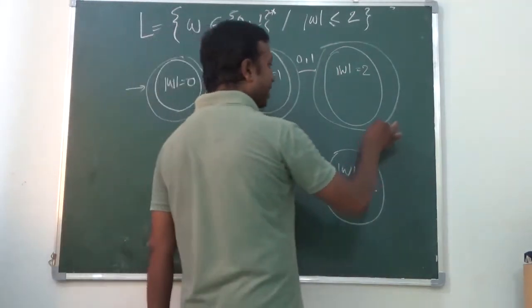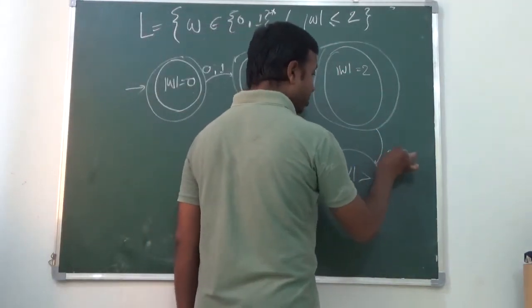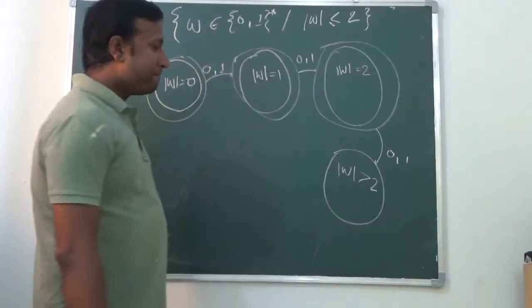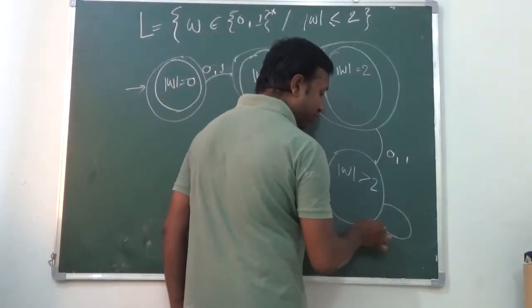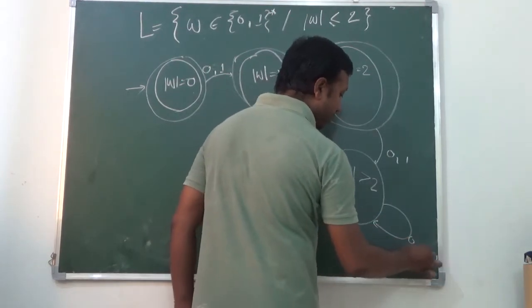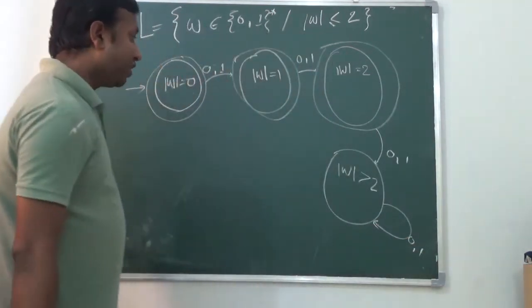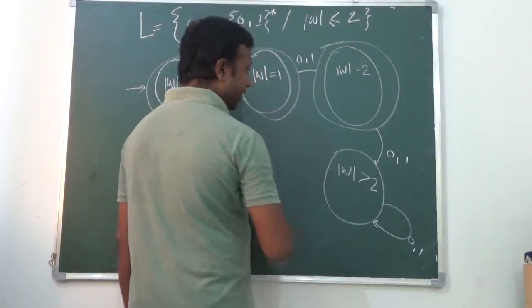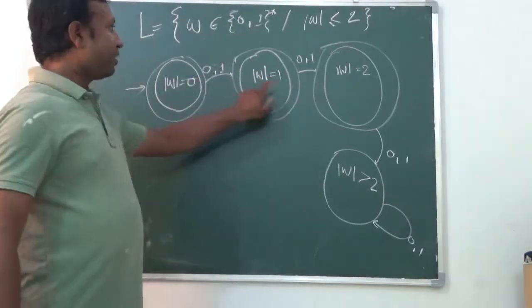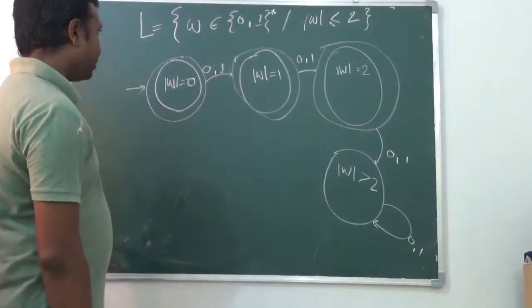But if I am getting again 0 or 1, the length becomes more than 2. And from more than 2, if you are getting something, 0 or 1, then still the length is more than 2, right? So this will be rejected. Rest of the things we are going to accept, right?